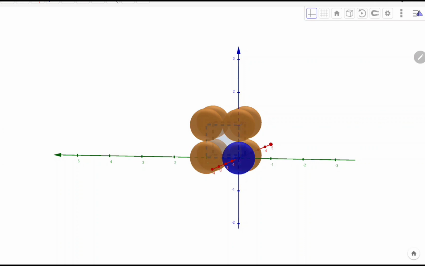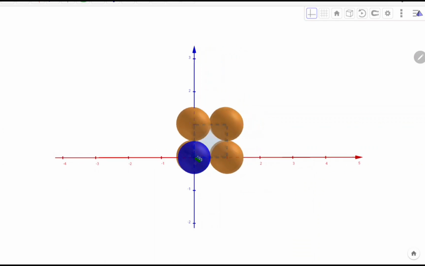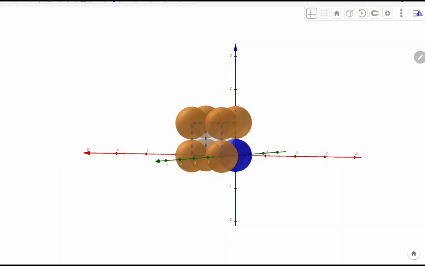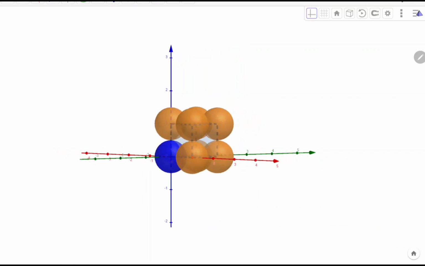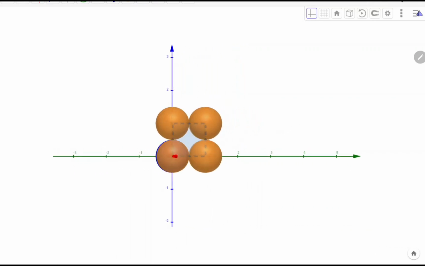This is the simple cubic lattice. All sides of this simple lattice have length a, because it's a cube. This is a, and the depth is a as well.